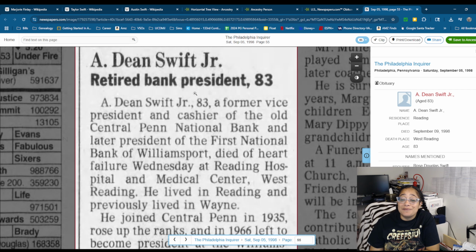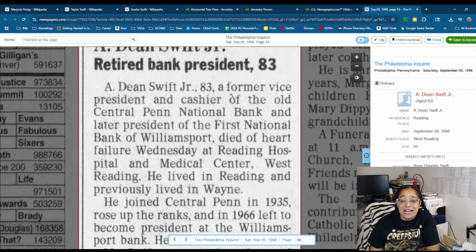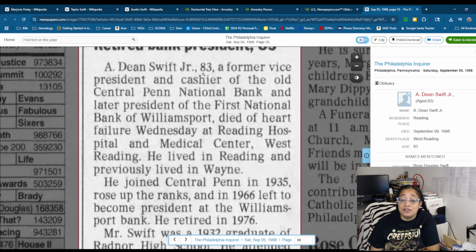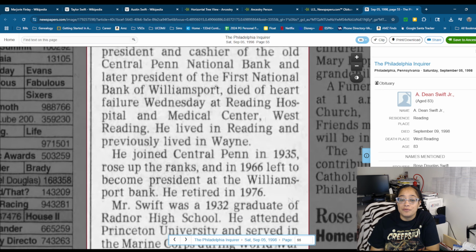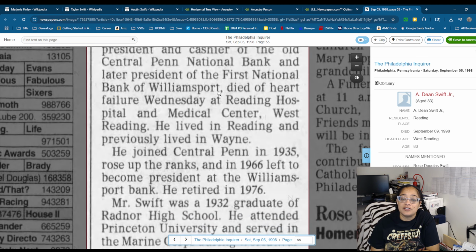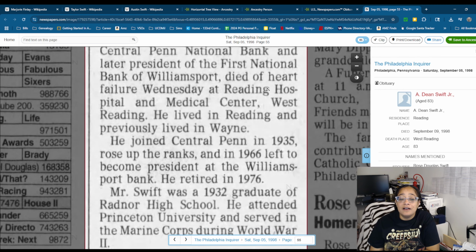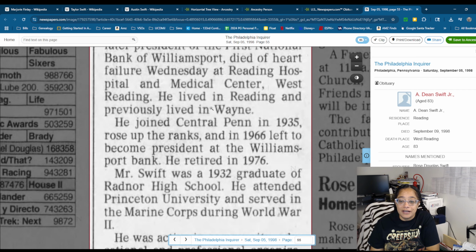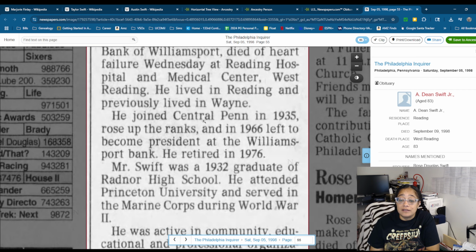So A. Dean Swift Jr., retired bank president, 83. A. Dean Swift Jr., 83, a former vice president and cashier of the old Central Penn National Bank and later president of the First National Bank of Williamsport, died of heart failure Wednesday at Reading Hospital and Medical Center, West Reading. He lived in Reading and previously lived in Wayne.